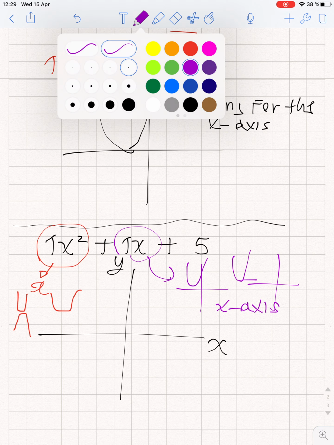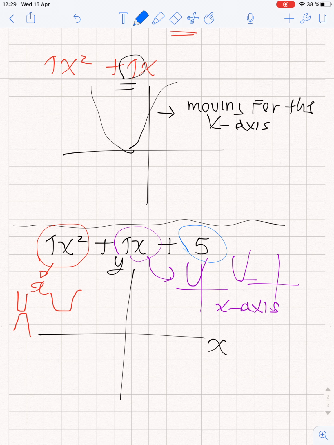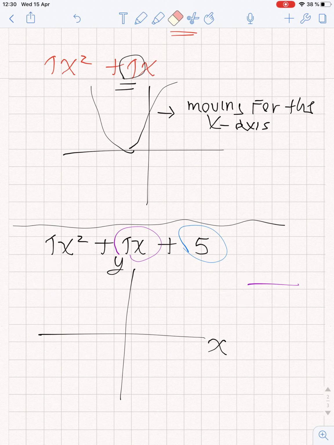And now the component c: if b makes us move along the x-axis, the component c makes us move along the y-axis. For c, for example, we are moving 5 points up, and we will have this kind of expression where the y-intercept, the point you have in the y, that is the minimum point, is going to be equal to the component c.